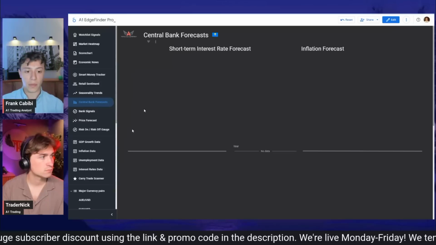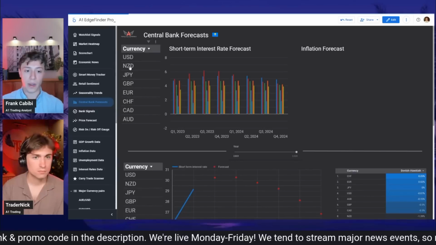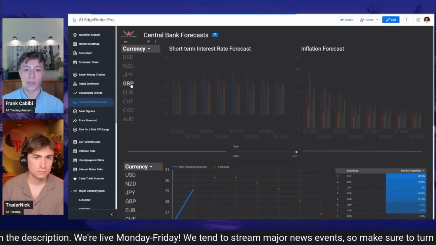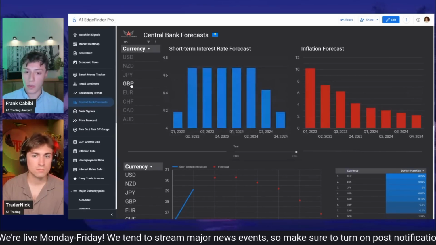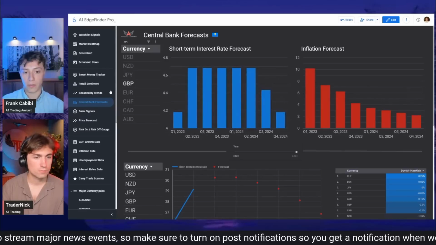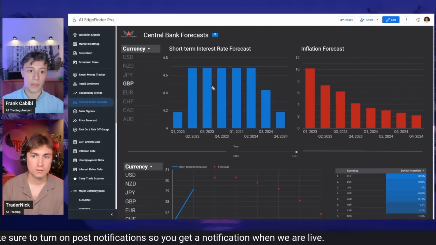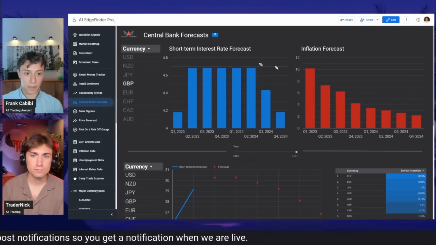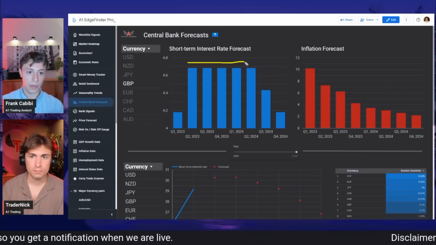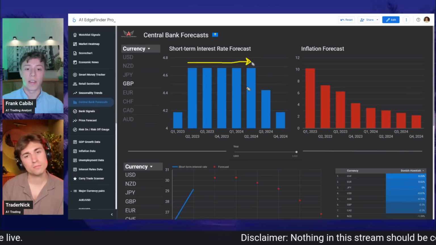What they talk about going forward is to remain aggressive over time. So what the BOE is likely to do is keep rates high and wait till even next year before they even think about cutting. And you've got it pulled up right now. Yep, this is the short-term interest rates staying as high as they are.